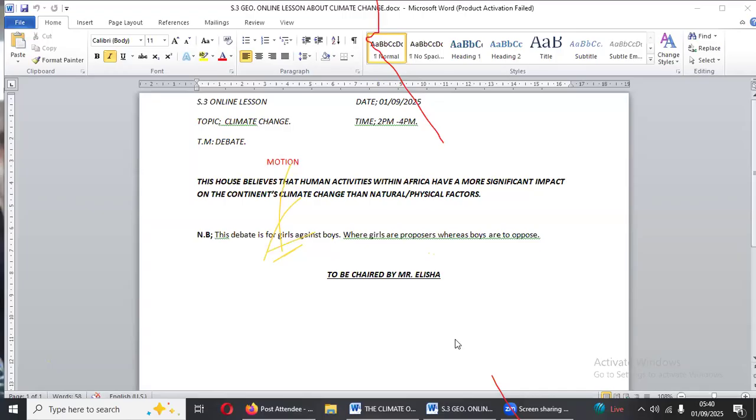But we see that we have high temperatures. Why? It is due to less vegetation that can absorb that dangerous gas. Meaning, Africa is continuously receiving high temperatures, hence leading to climate change in Africa.